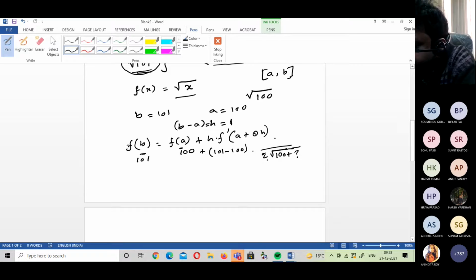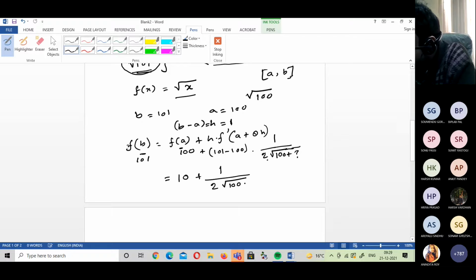Now here, obviously it will be f of a, root over of 100, that is 10, plus h, that is 1, into 1 by 2 root of 100 plus some value. So this must always be f of b.